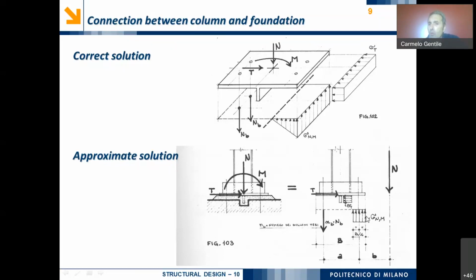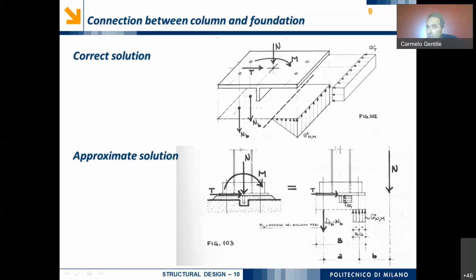A uniform distribution. In addition, if the overall width of the plates is denoted as capital B, we can state that the dimension of this compressed part is equal to 1/4 of capital B. Now, it's obvious that what we do not know, in the case of the correct solution as well as in the case of the approximate solution, are the value of the contact pressure, sigma n m, in the lower case, but also in the upper case.